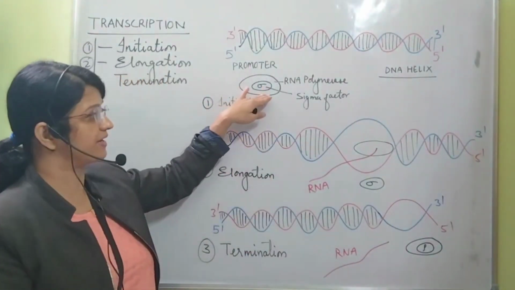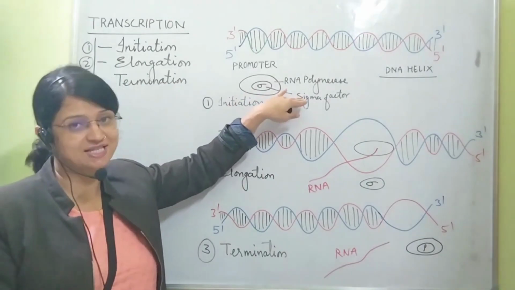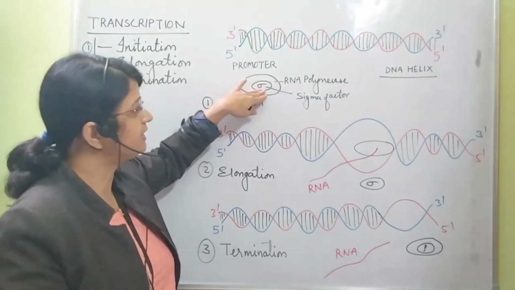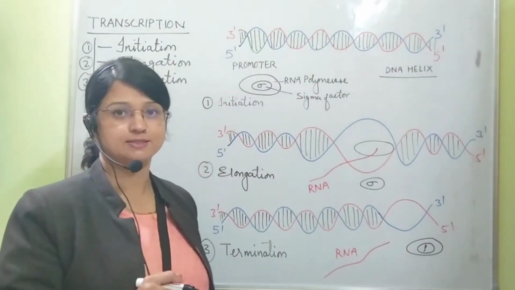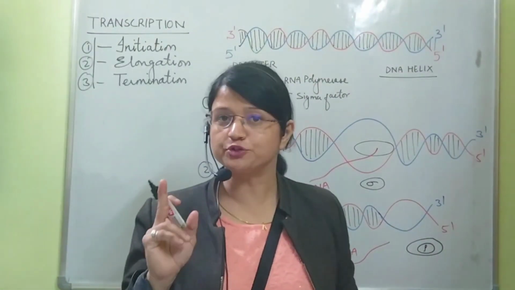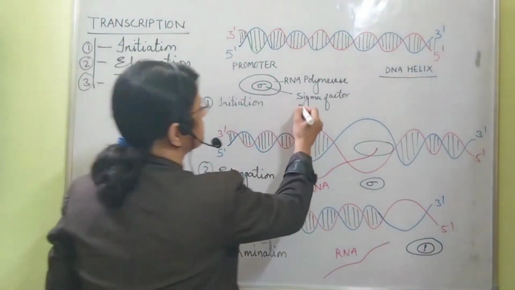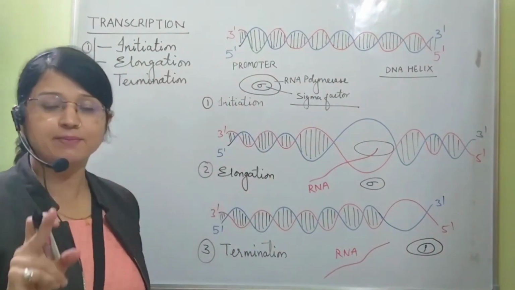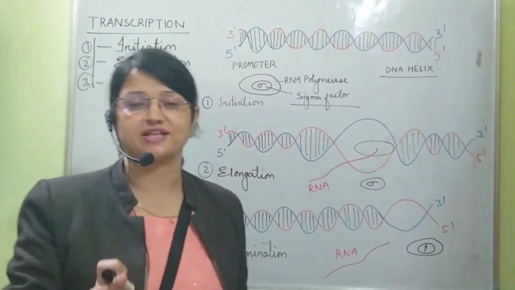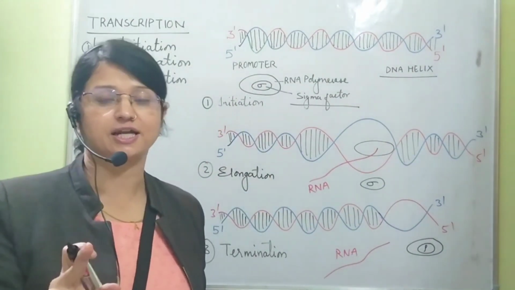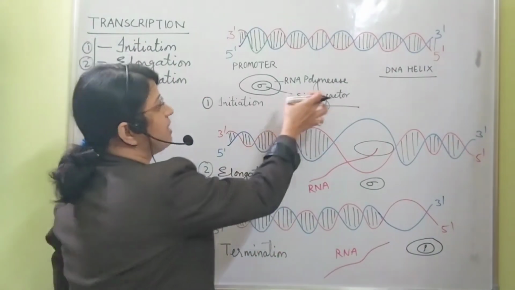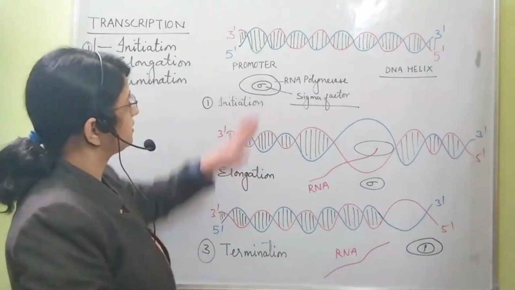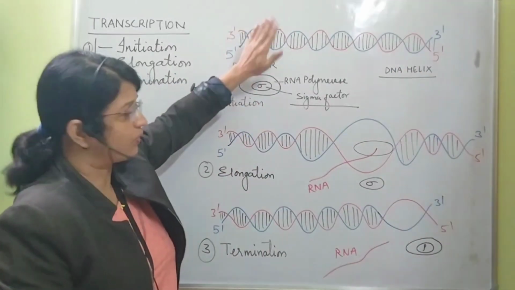The RNA polymerase will bind with the sigma factor. This sigma factor, as I told you earlier, helps us to recognize the promoter site. Second important thing, the process of transcription will be initiated only when the sigma factor binds to the RNA polymerase.